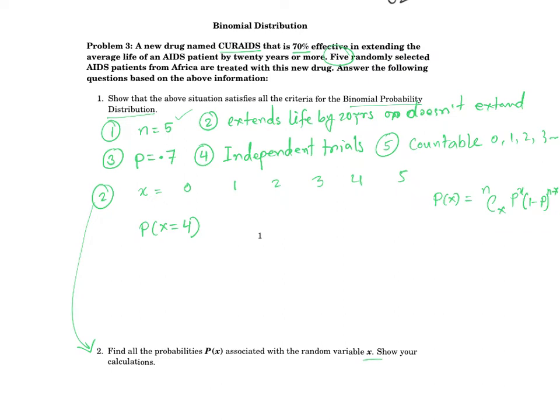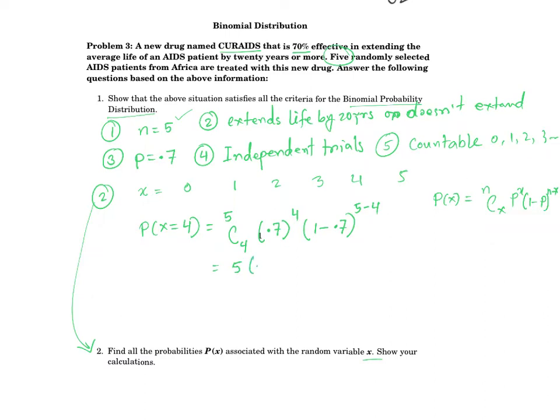So using that formula, my n is 5, so 5C4, right? X is 4, times p is 0.7 to the power 4, times 1 minus 0.7, 1 minus p, to the power 5 minus 4. So 5C4 is just 5, by the way.